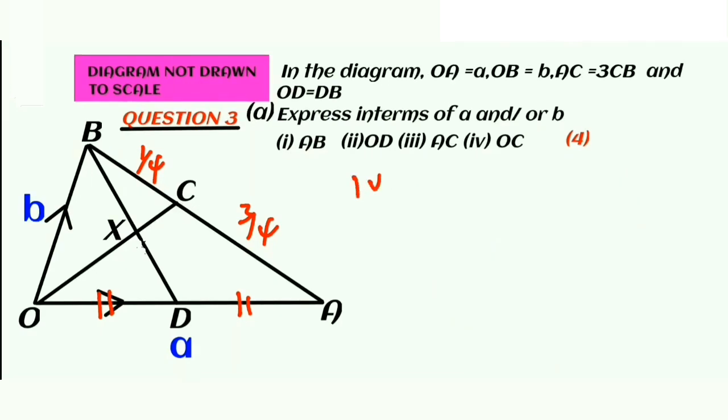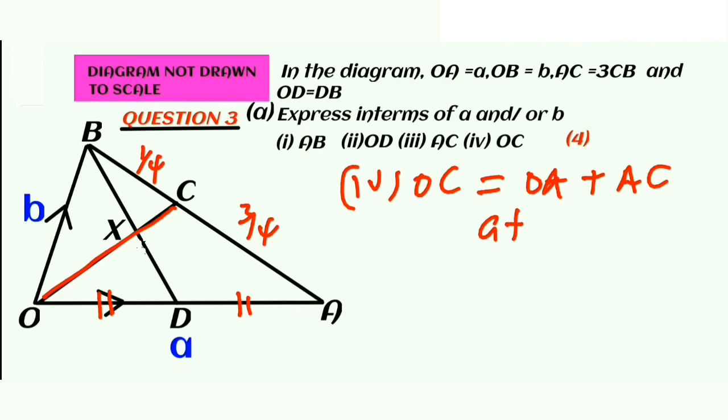Part 4, OC. From O to C equals OA plus AC. OA, that is A, plus AC equals 3/4 B minus 3/4 A. Okay, so collection of like terms.